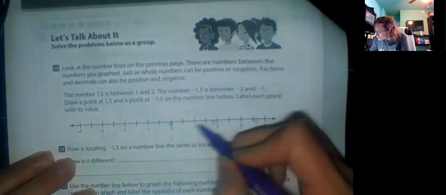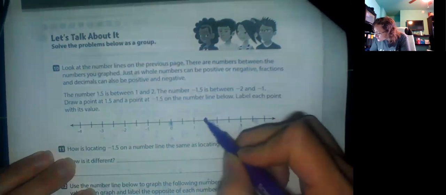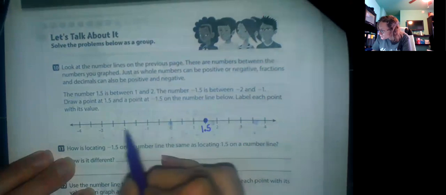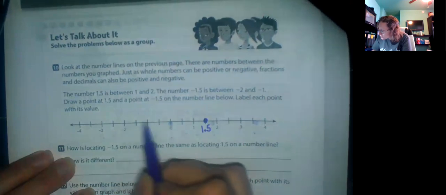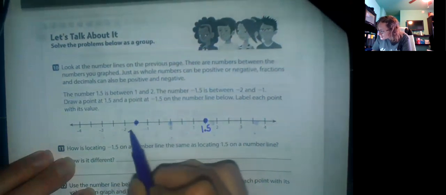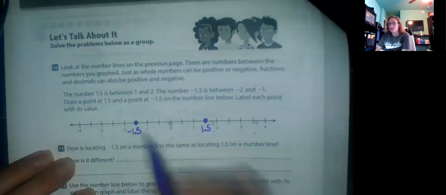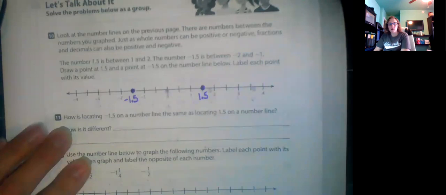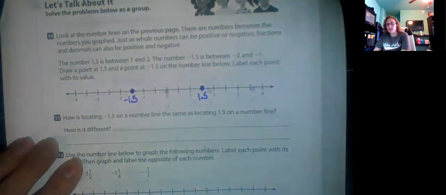All right, so between 1 and 2 is 1.5, and between negative 2 and negative 1 is negative 1.5. Okay. How is locating negative 1.5 on a number line the same as locating 1.5 on a number line? And how is it different?